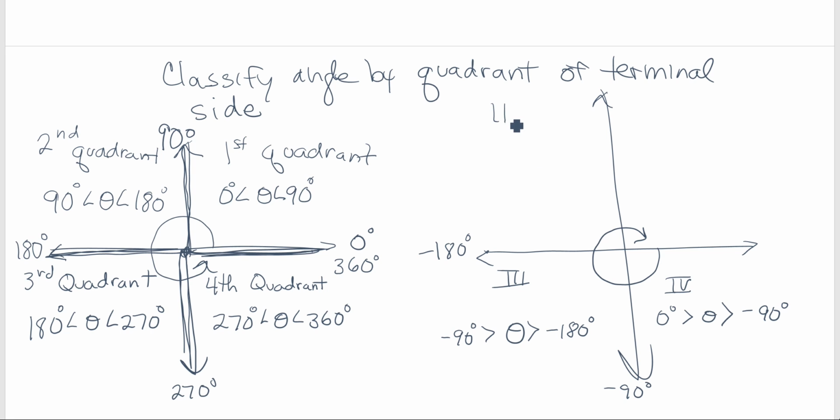Likewise, if I were in quadrant 2, it would be between negative 180 degrees and negative 270 degrees. And in that direction, if I end up in the first quadrant, it would be between negative 270 degrees and negative 360 degrees.